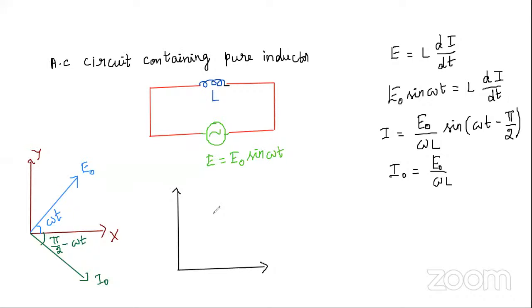E equal to E naught sin omega t is your signal. The signal can be represented by a sine wave. This is E equal to E naught sin omega t, sine wave.